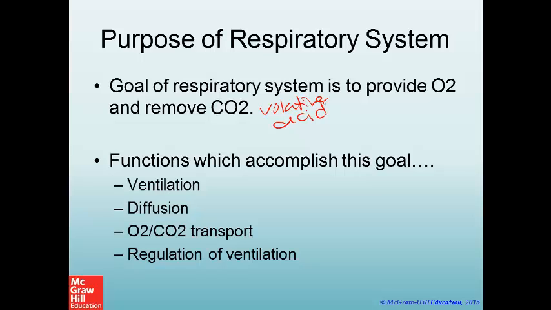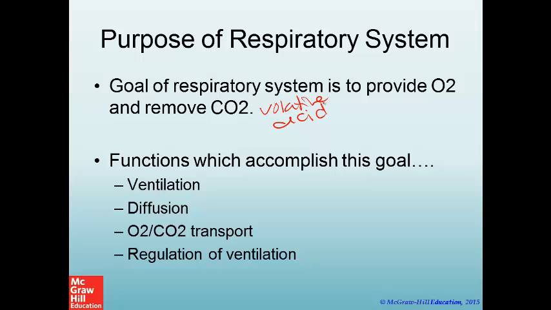So you need to get rid of the CO2. As far as oxygen is concerned, you can live in low oxygen environments, but you can't live in an environment where you can't get rid of CO2. And that's the basic gist of it. And we'll go through that as I go through explaining how it's transported and used.